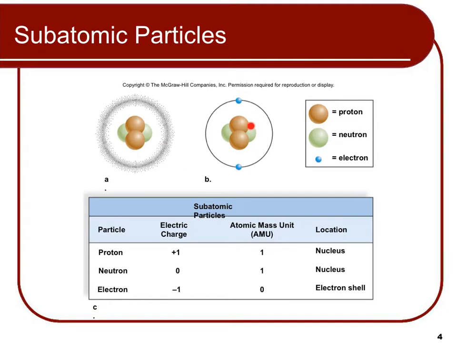Your atom is made up of a nucleus in the middle, which is made up of protons and neutrons, and then you have these tiny little things floating around this nucleus area called electrons. Electrons are negative. So again, protons positive, neutrons have no charge, and electrons are negative. Now, this one's kind of interesting. This atom is actually helium. Helium has 2 protons, 2 neutrons, and 2 electrons.